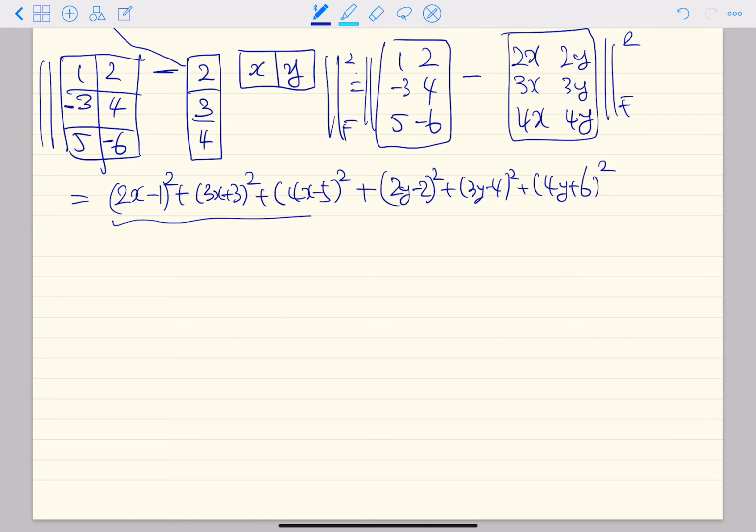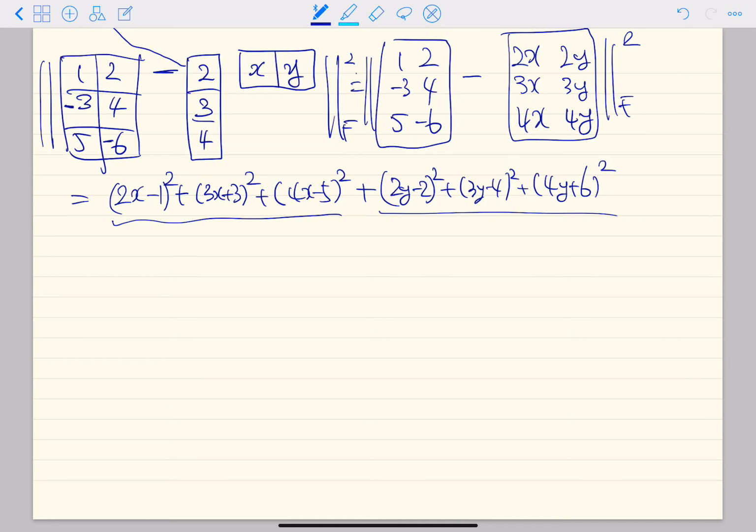Okay, so this part and this part are completely independent, because the first part involves only x and the second involves only y. And so the optimization for this expression can be done easily by using the quadratic form.